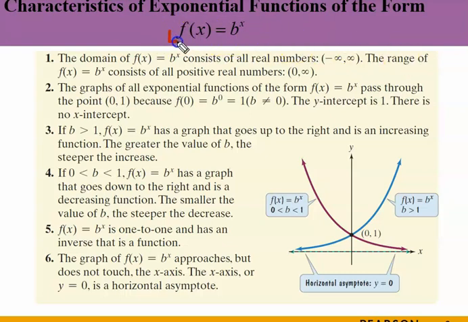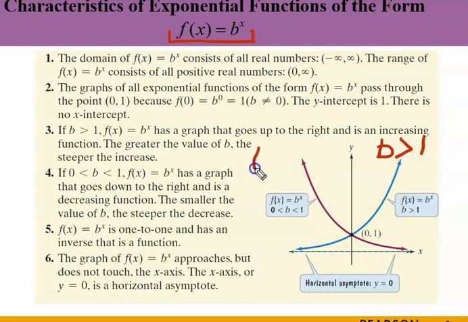Now there's our basic form. And here they're showing that if our b value for the blue line is greater than 1, it'll have this basic shape where it starts low and then rises as you go to the right.